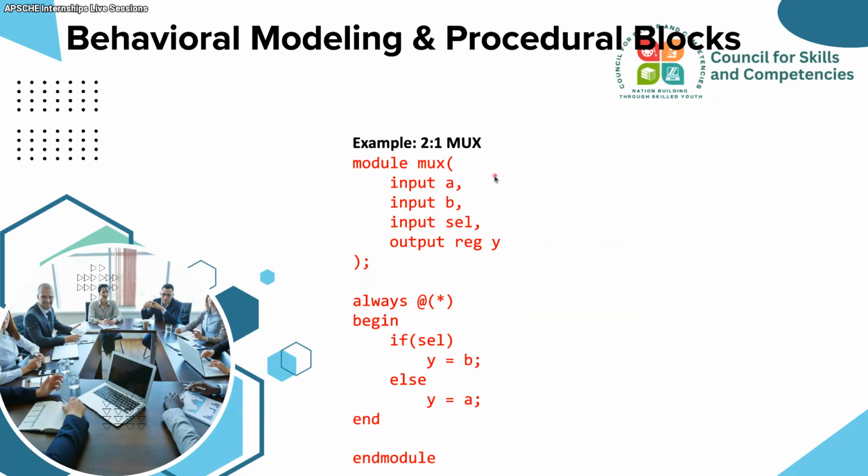And a 2:1 mux. Depending on this select line, it will give this as the output to Y. Since we are using this in the always block, it needs a reg type.